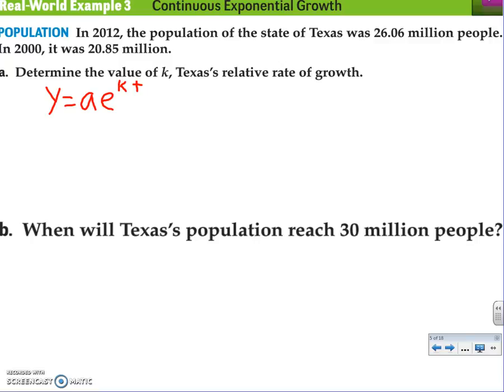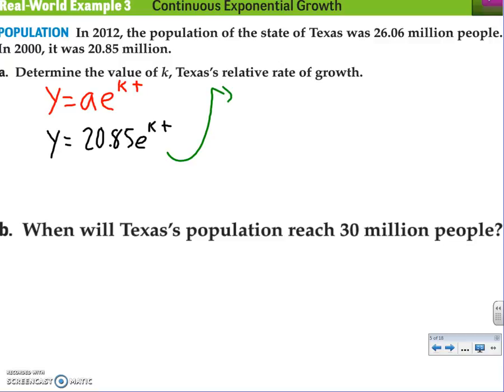We're going to figure out how much we started with, which is our 2000 point. So in 2000, we started with 20.85. So let's start there. 20.85 e to the kt. That's y. The 2012 point, 26.06 million, is the point we're going to use to find k.